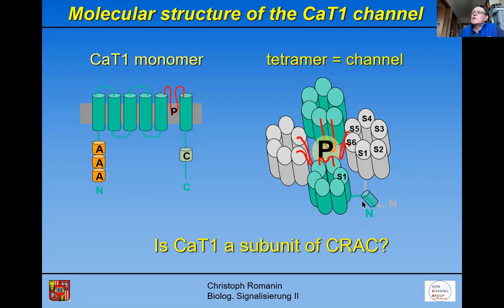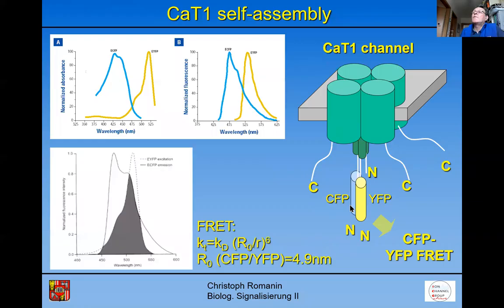So let's first have a look whether we can actually measure the assembly of ORAI1 monomers, whether it occurs in the way that was just hypothesized. And for this, a very nice technique can be used. You have already heard about that, particularly those who have done the characterization of biological nanostructures in the bachelor.